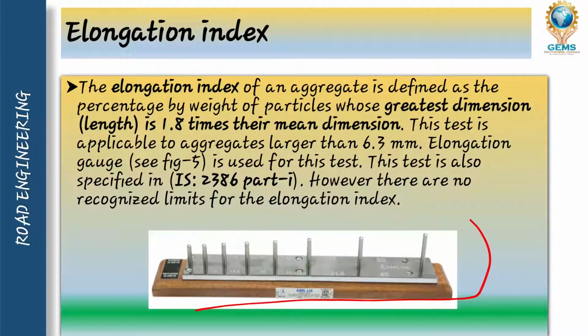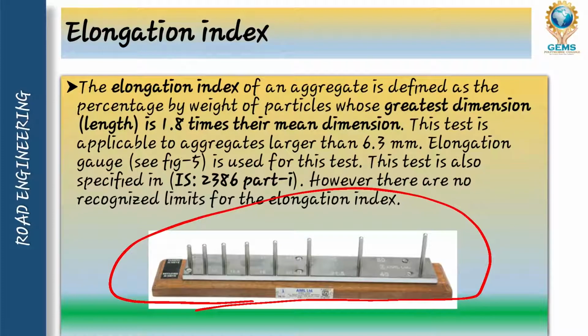The testing gauge is used to test the length of the aggregate, and this elongation index instrument, as you can see in this image, is given by Indian Standard 2386 Part 1.